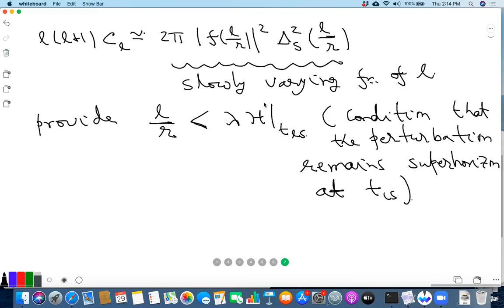So L should be large, but L shouldn't be so large that this condition is violated. Okay, and we'll now check what range of L corresponds to this condition. Is this clear? Are there questions?